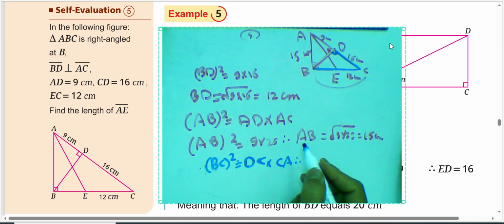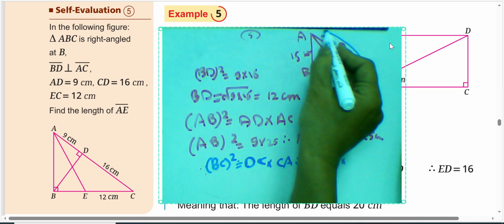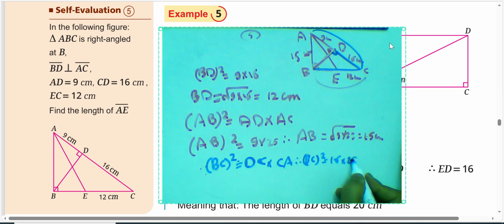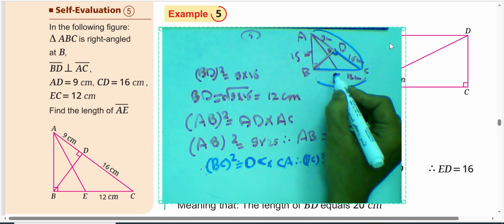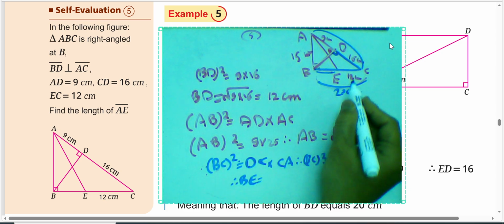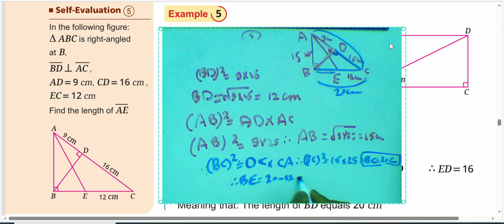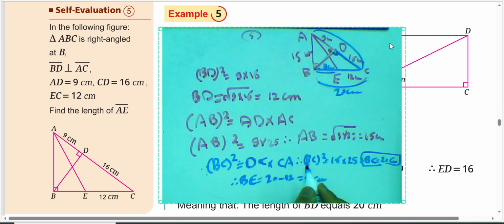Then BC power 2 equals the conjunct 16 product by the hypotenuse, 16 plus 9 is 25. Then BC is the square root of 16 times 25, equal 4 times 5, 20. Then BC is 20 centimeters. Then we can find BE. BE is the difference between 20 and 12, equal 8 centimeters. This line segment here is 8 centimeters.